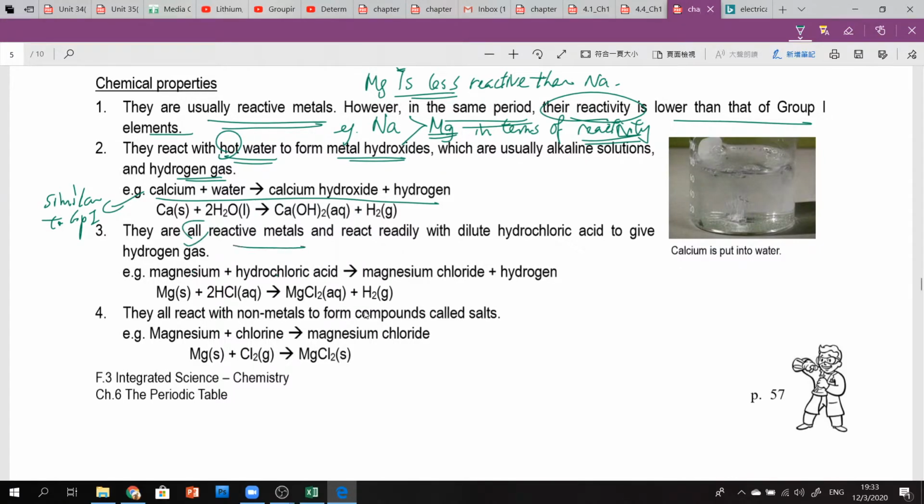Now, all reactive metals react with dilute hydrochloric acid to give hydrogen gas. For example, magnesium reacts with hydrochloric acid to form magnesium chloride, a water-soluble salt. So once I put a piece of magnesium inside, finally it seems to disappear, but it doesn't. It forms a new compound, magnesium chloride, but it dissolves in water.